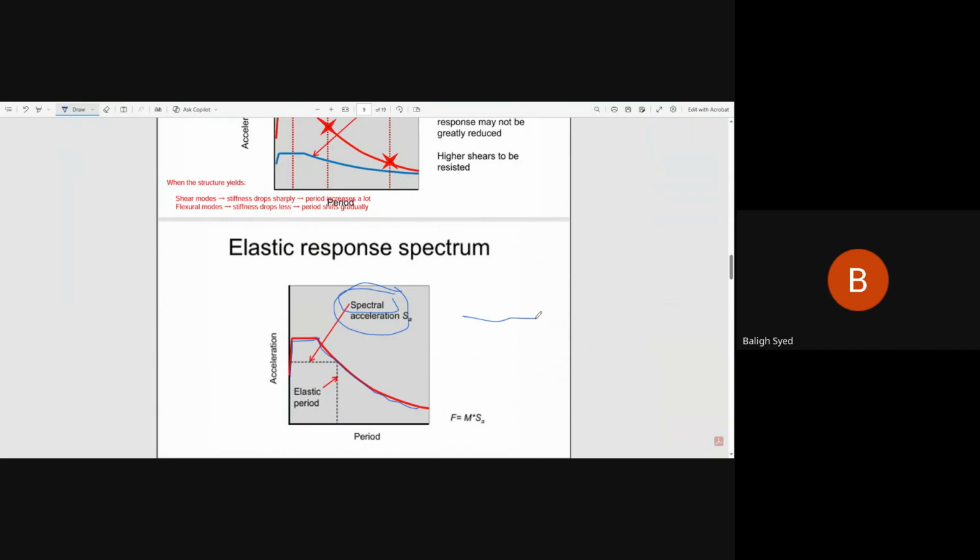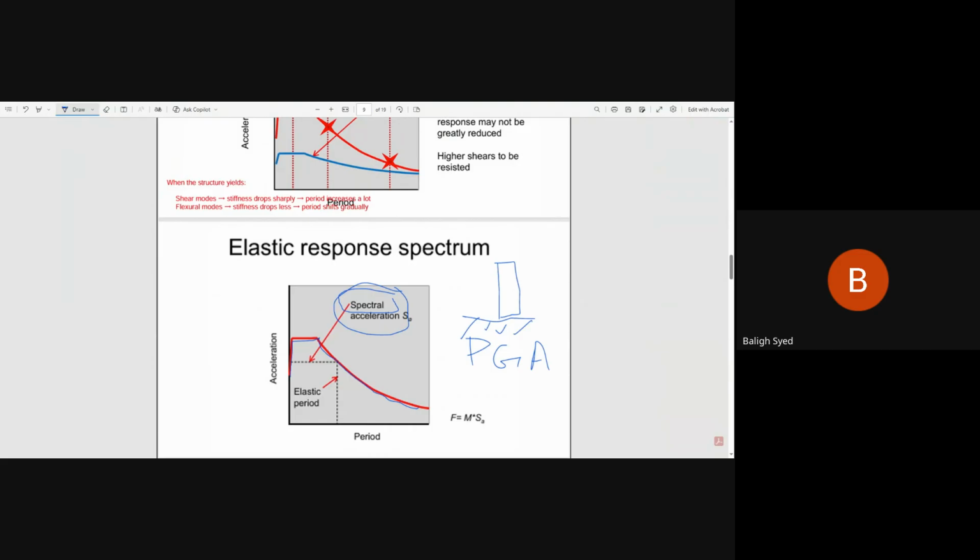See, this is the ground. If I have a building and it is not attached, it is just sitting right here, and I excite the system, there is some ground acceleration, PGA, peak ground acceleration, right? If it is not attached, then whatever the acceleration is, it doesn't matter to me.